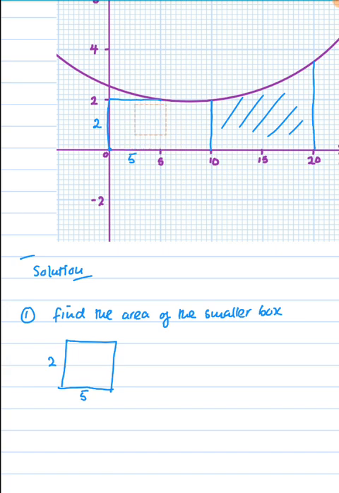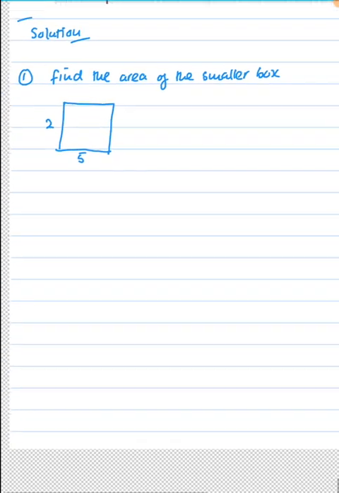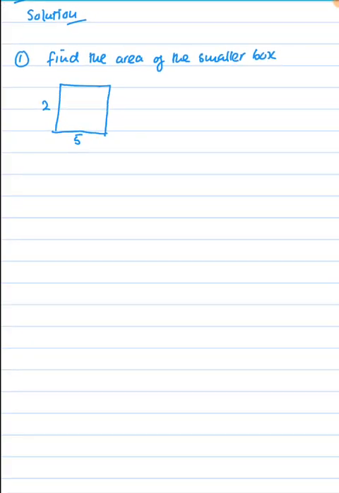So having done this, the area of a smaller box will be equal to the bigger box over 100, which is 2 by 5 all over 100.